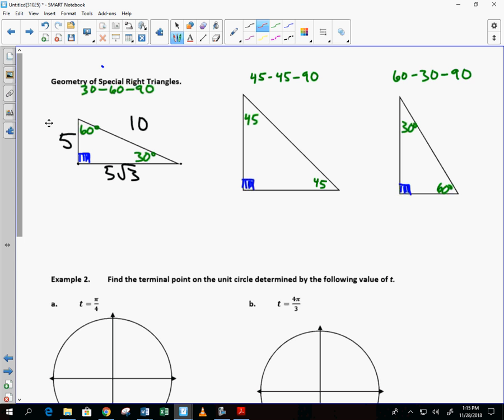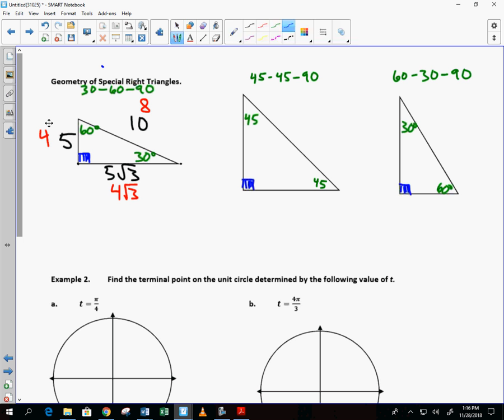So I'll put down a couple other numbers. Suppose instead of 10, suppose this has a length of 8. What would this side be? 4. And what do you do to this side to get this side? You multiply by? Not too bad, huh? Suppose I do one more.